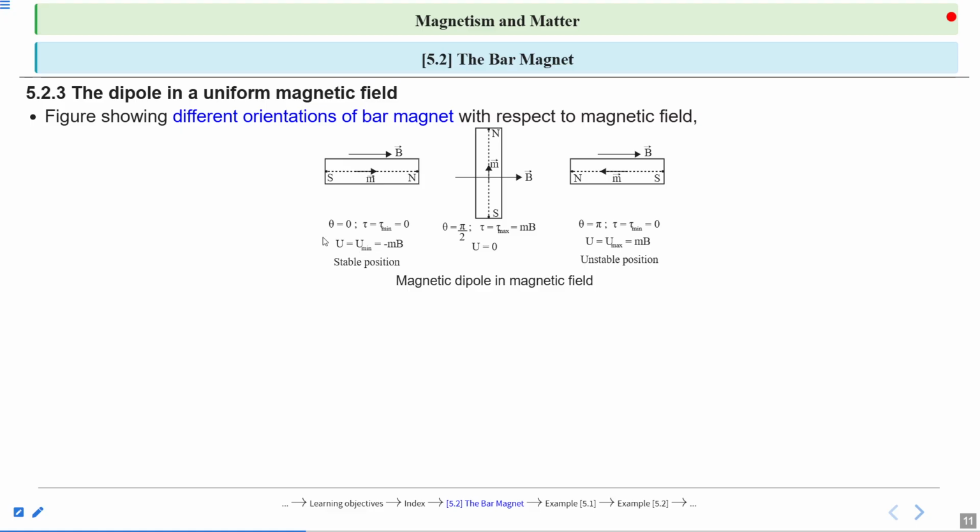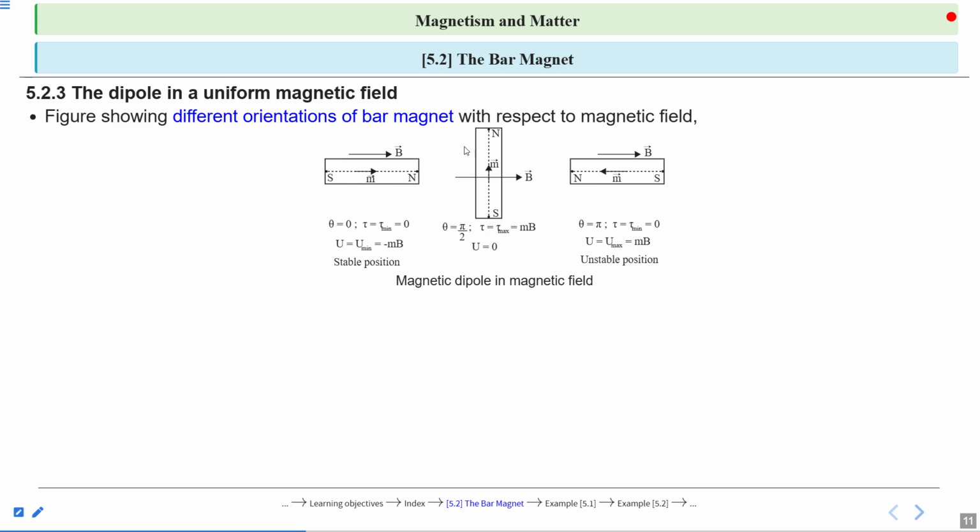So minus mB is the magnetic potential energy stored in this bar magnet. This is the minimum potential energy of this bar magnet, which is the stable position, also known as stable equilibrium. Got it? So stable equilibrium is at theta equal to 0.